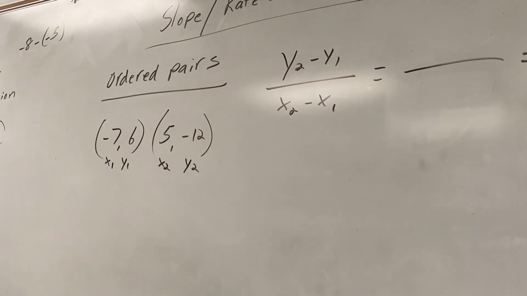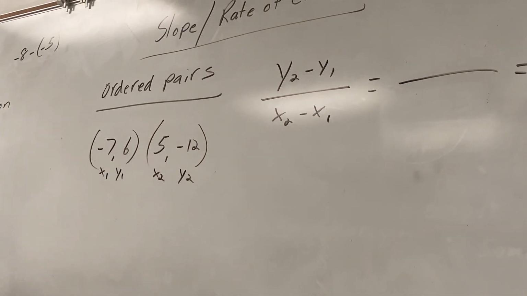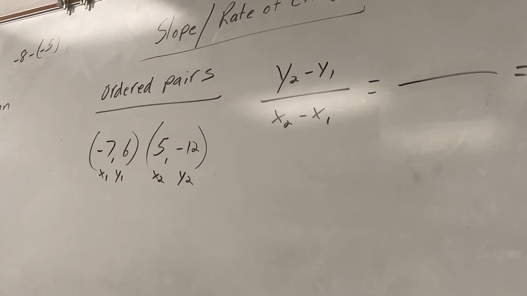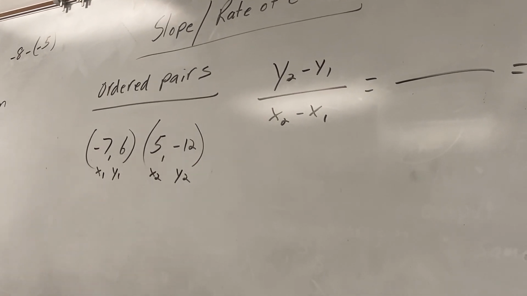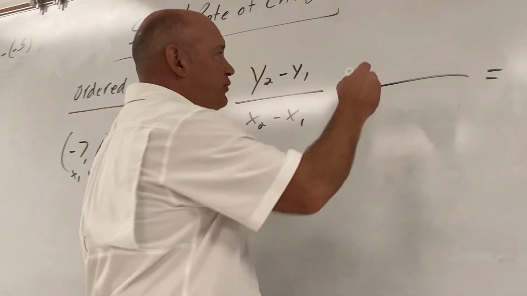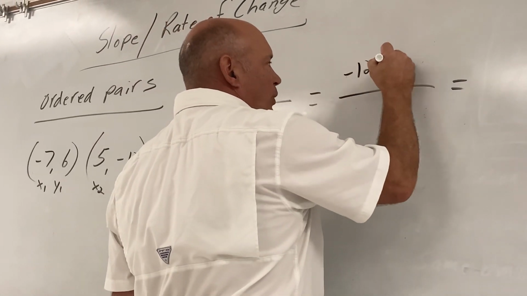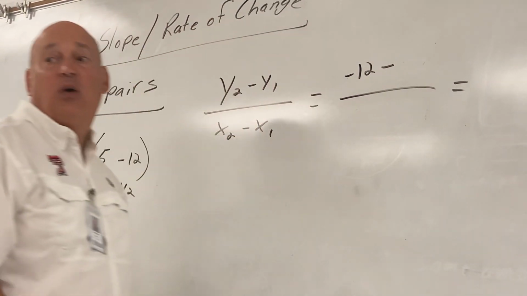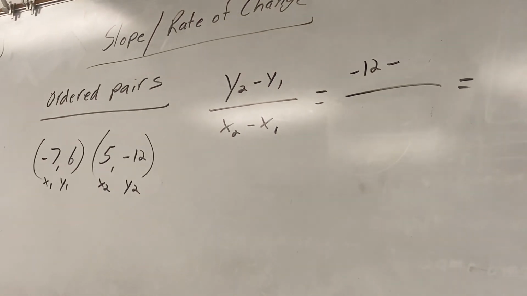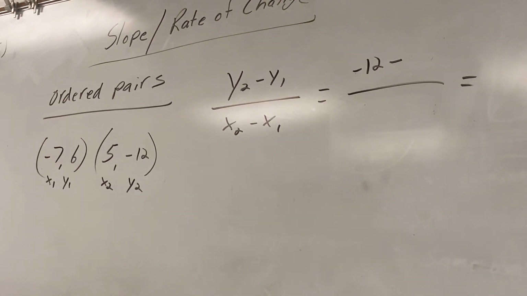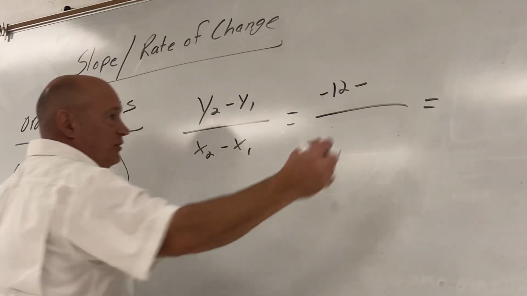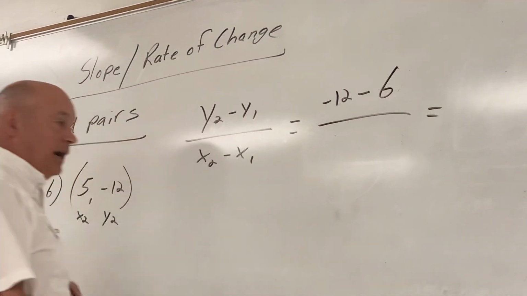All right, what number is y2? Let's go with Angel. Negative 12, I agree with Angel. We're going to subtract y1. Let's go with Crosby. What's y1? 6. Good. Negative 12 minus 6 is on the top. All right, let's go to the bottom.